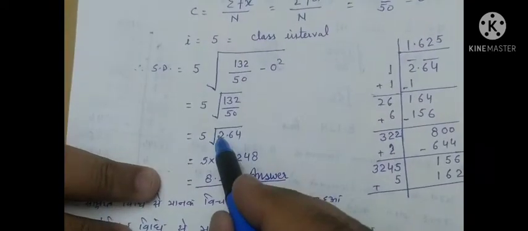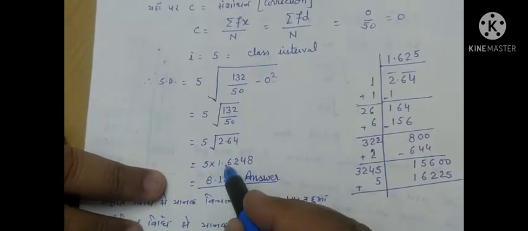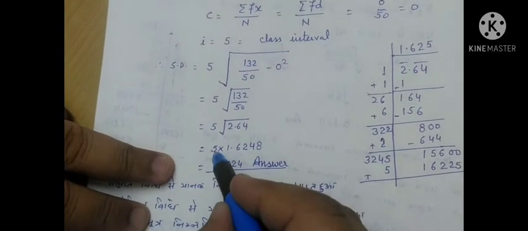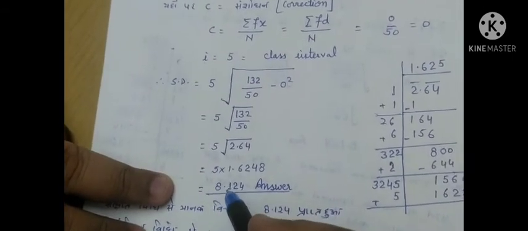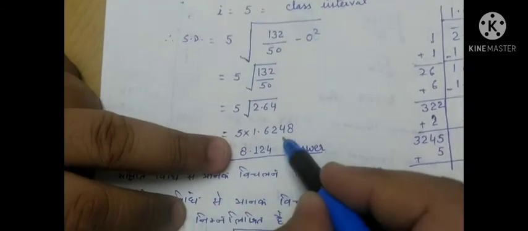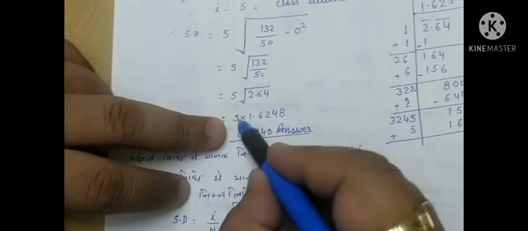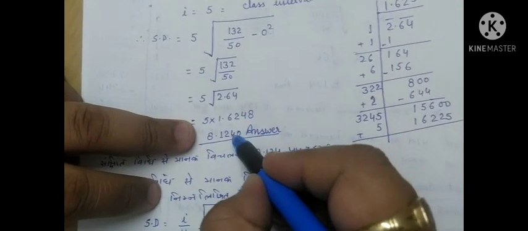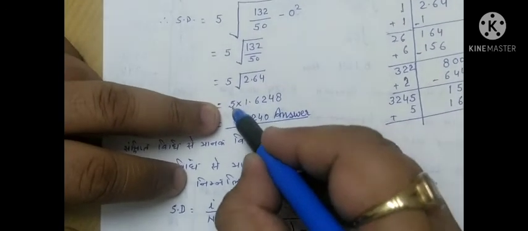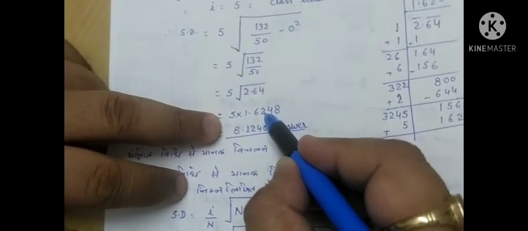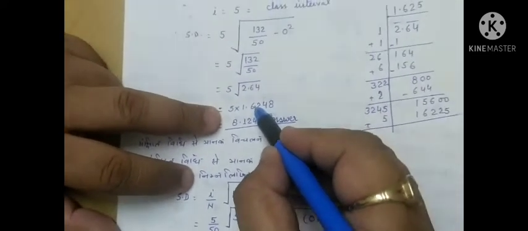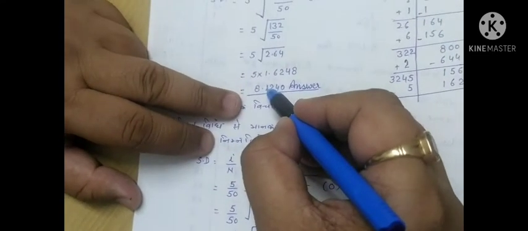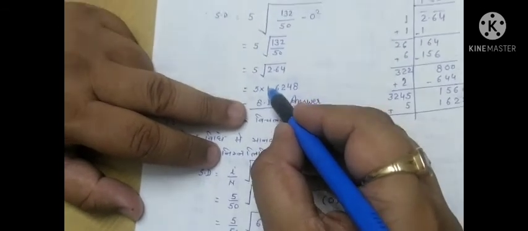The value of under root 2.64 is 1.6248, and multiplying 5 into 1.6248: 5 8s are 40, carry over 4, 5 4s are 20, plus 4 is 24, carry over 2, 5 2s are 10, 10 plus 2 is 12, 5 6s are 30, 30 plus 1 is 31, carry over 3, 5 1s are 5, plus 3 is 8.